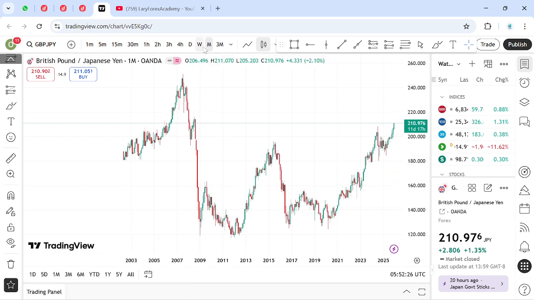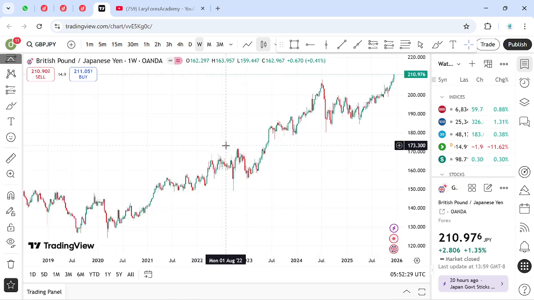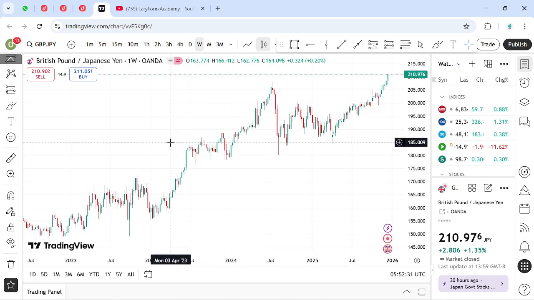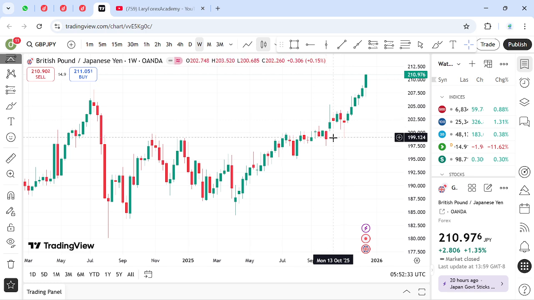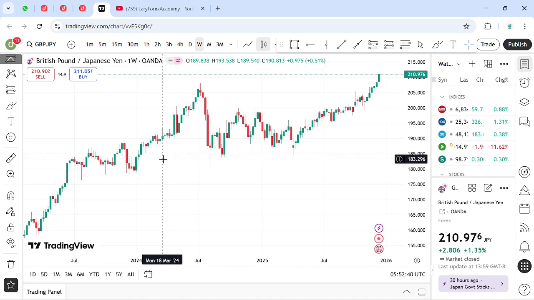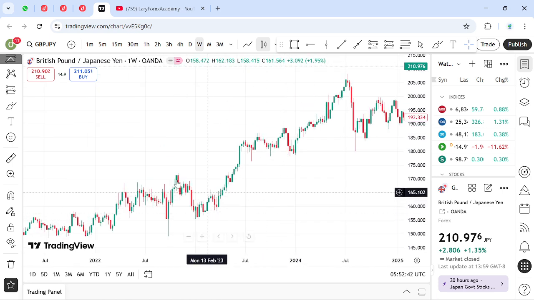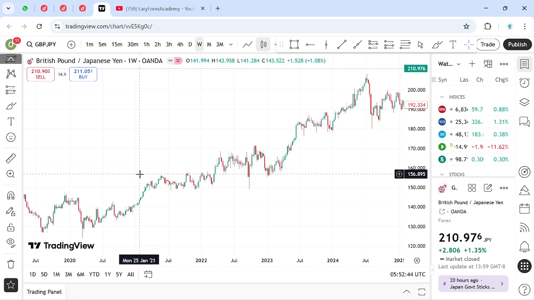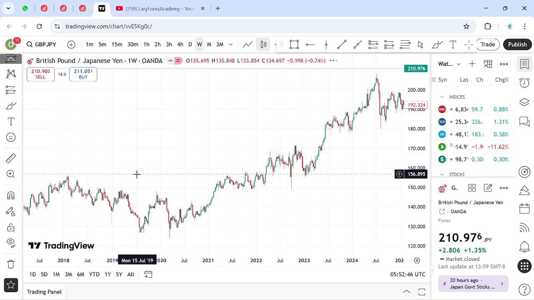Now, when we go to the weekly, it simply tells us that all of these candlesticks on the weekly time frame are weekly candlesticks. Each of the candlesticks on this chart opens and closes after every week. That is one thing you must understand about weekly candlesticks.